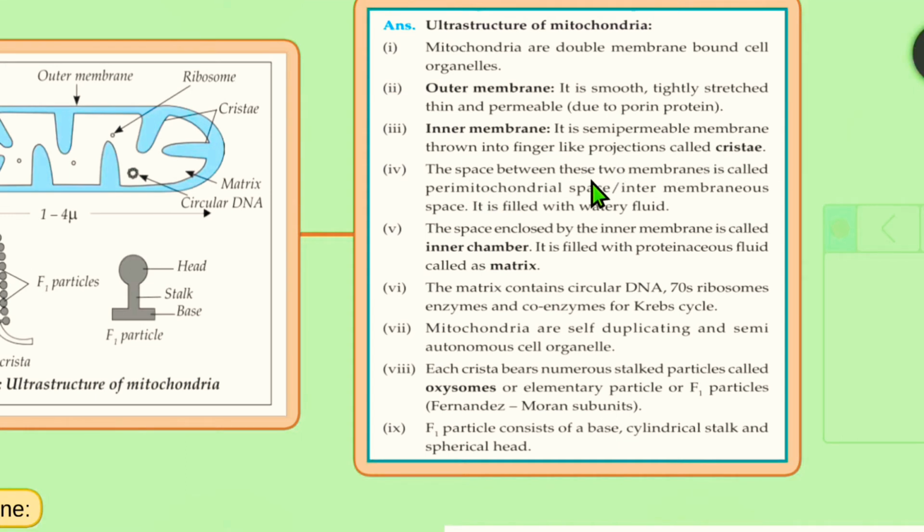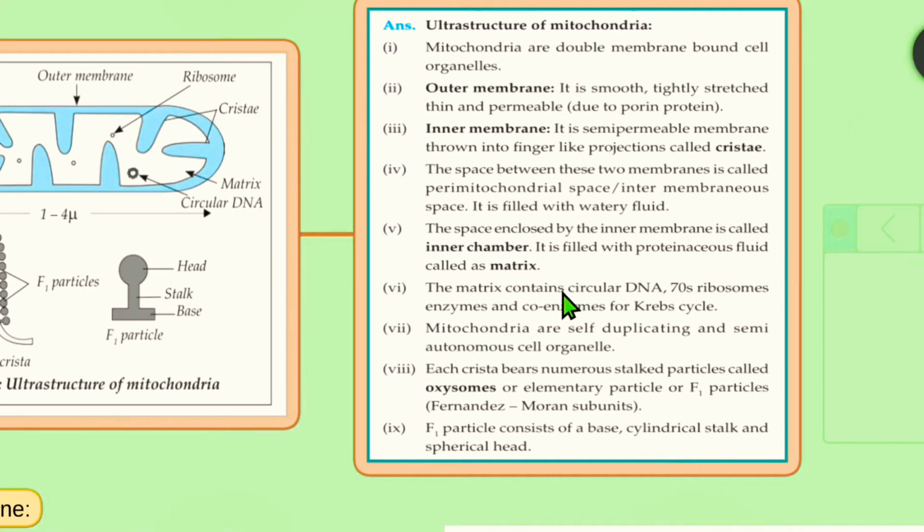The space between two membranes is called the perimitochondrial space or intermembrane space. It is filled with watery fluid, and the space enclosed by the inner membrane is called the inner chamber. It is filled with a proteinaceous fluid called the matrix.